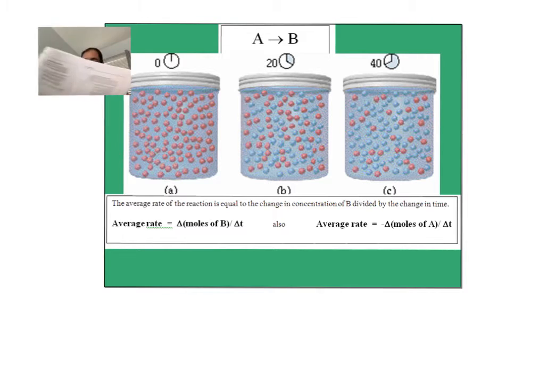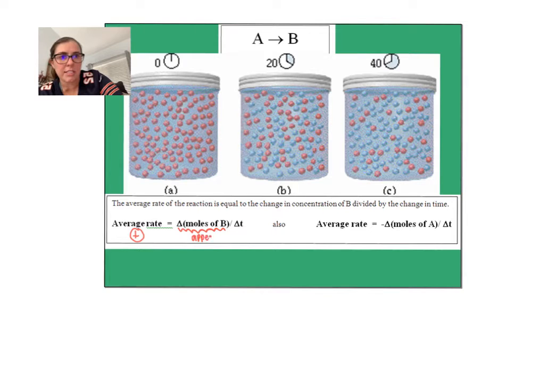So what we can pay attention to here is we know that B is appearing, so the average rate is going to be overall positive, and the reason is because the change in moles of B is positive, B is appearing.